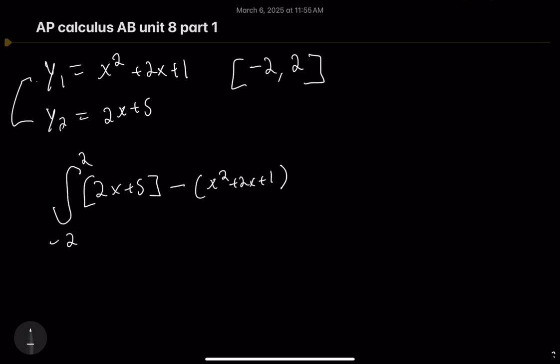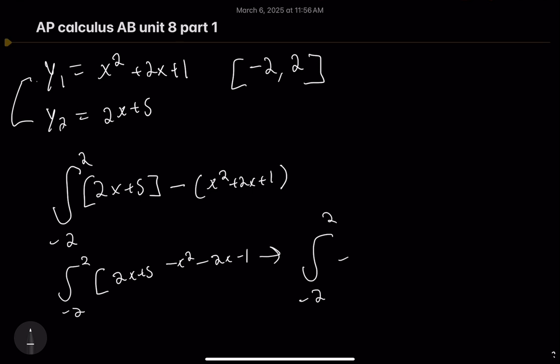Okay, and then this will go to the integral from negative 2 to 2 of 2x plus 5 minus x squared minus 2x minus 1 when you distribute it, and that will eventually simplify to the integral from negative 2 to 2 of negative x squared plus 4.